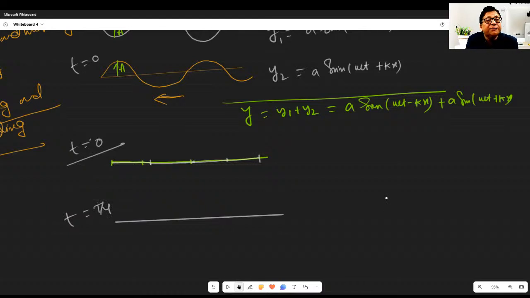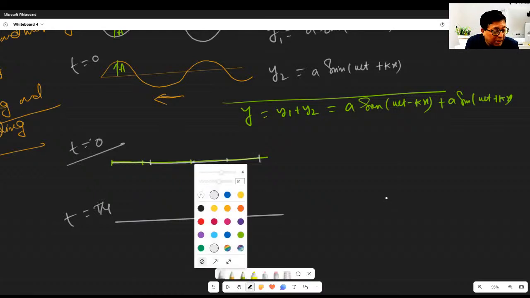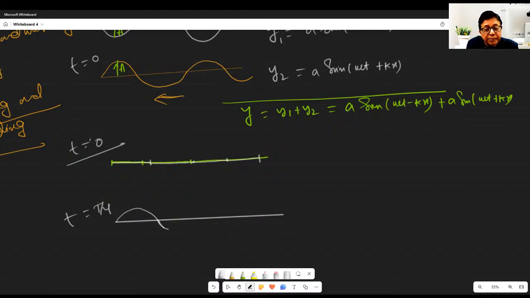It might have moved. The first wave might have gone in this manner. The second wave might have gone that way, the dotted one, if we draw, the time is different, no?